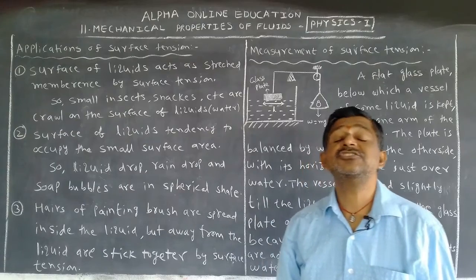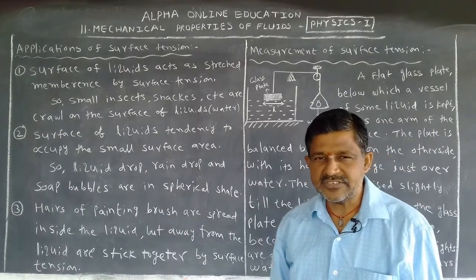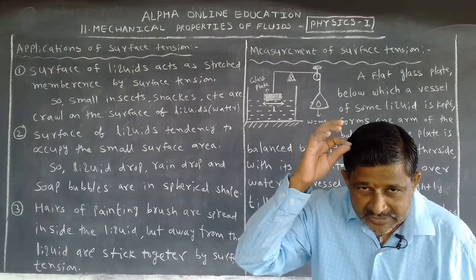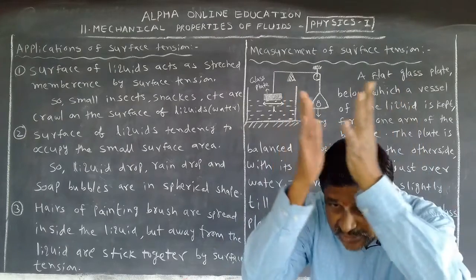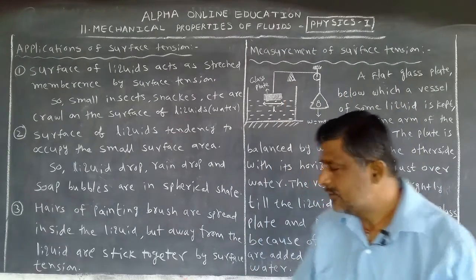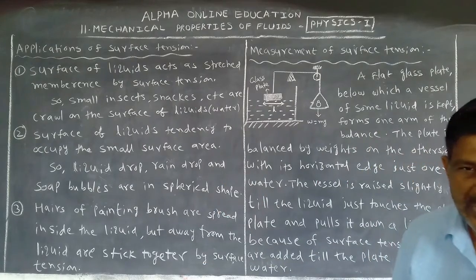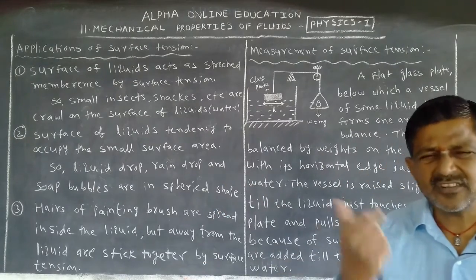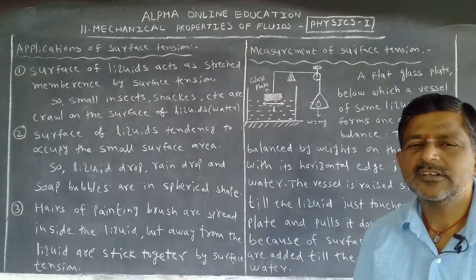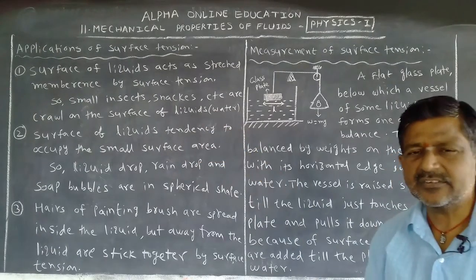Surface tension. Due to surface tension, when we take a hair bath also, our hairs stick together. Why? By surface tension. There are a number of examples; these are a few examples of surface tension.